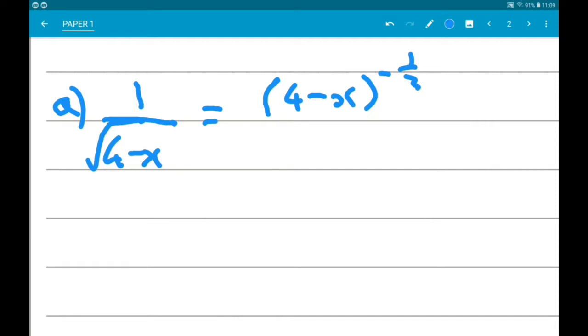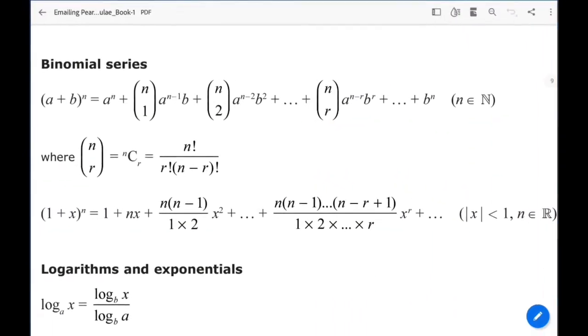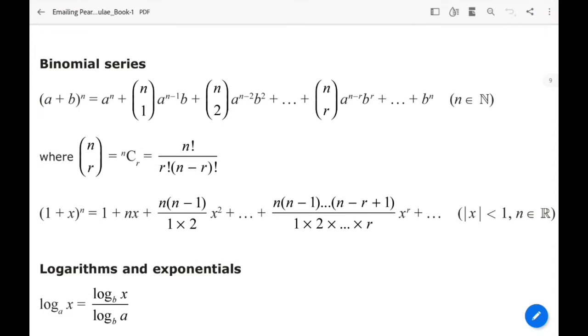Now, to be able to calculate these binomial expansions, with negative or fractional powers, we need the constant inside the bracket to be 1. So we're given the expansion for 1 add x to the power n.